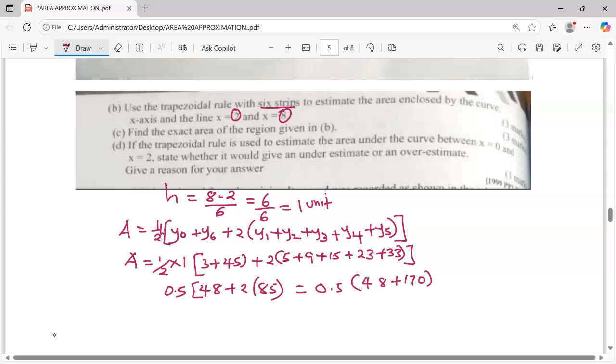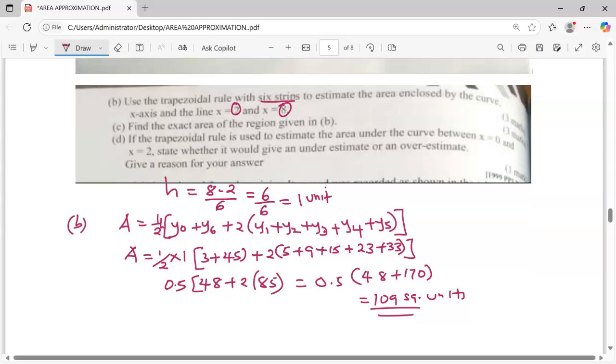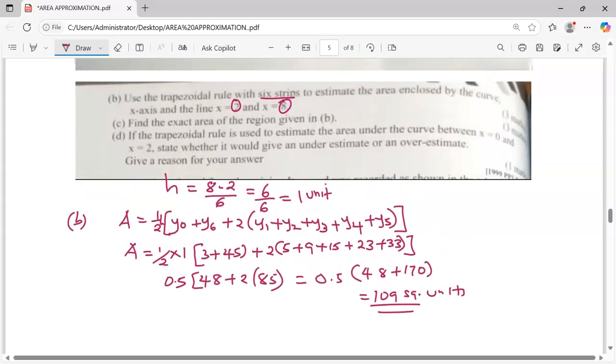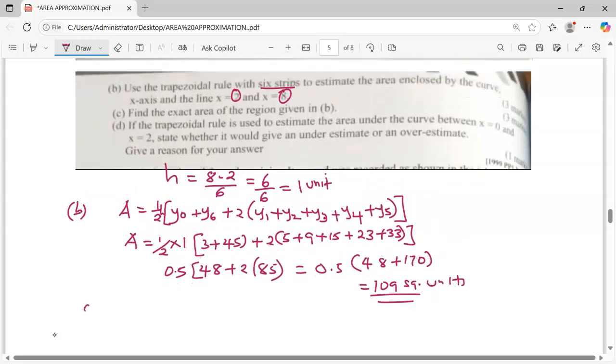And this one is going to give us 48 plus 170 multiplied by 0.5, which will give us exactly 109 square units as the area of the region using the trapezium rule.